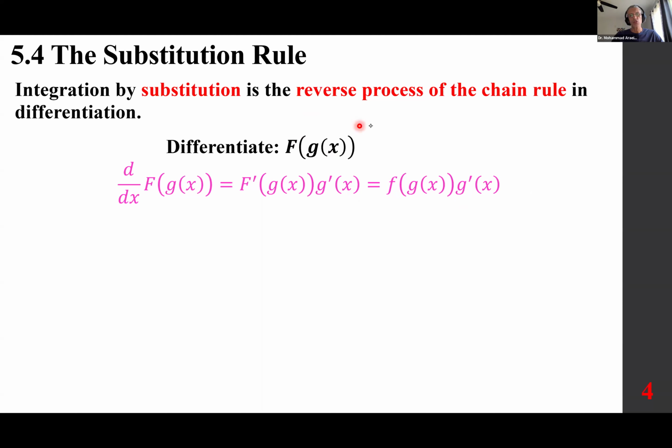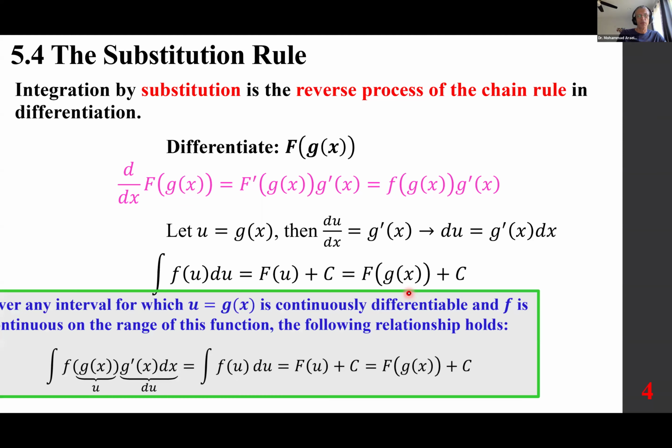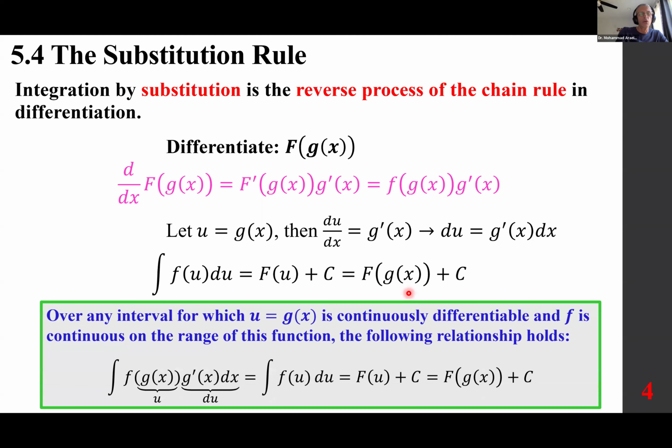That's the idea. So let u be g of x, then du/dx is g prime of x, therefore du is g prime of x dx. The integral of f of u du is capital F of u plus a constant, where u is the same as g of x. So here's the theorem. Over any interval for which u equals g of x is continuously differentiable and f is continuous on the range of this function, the following relationship holds.